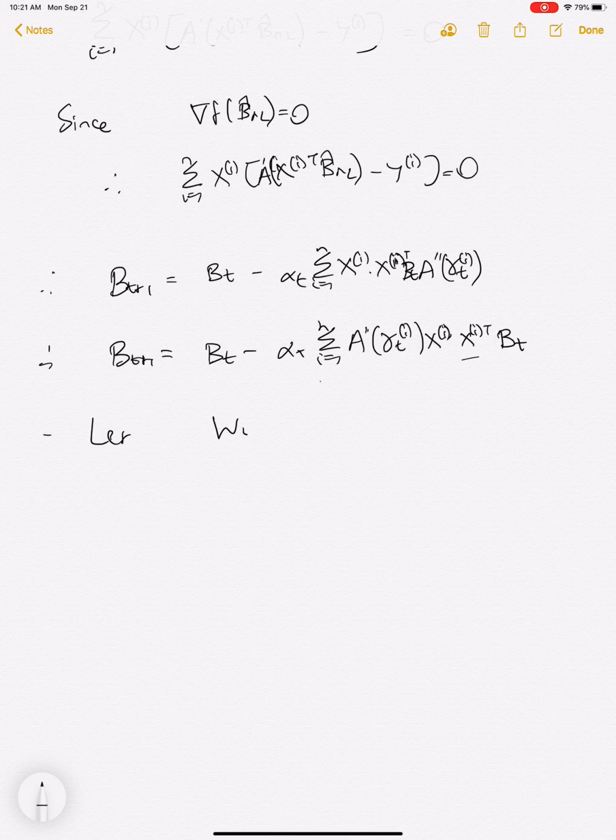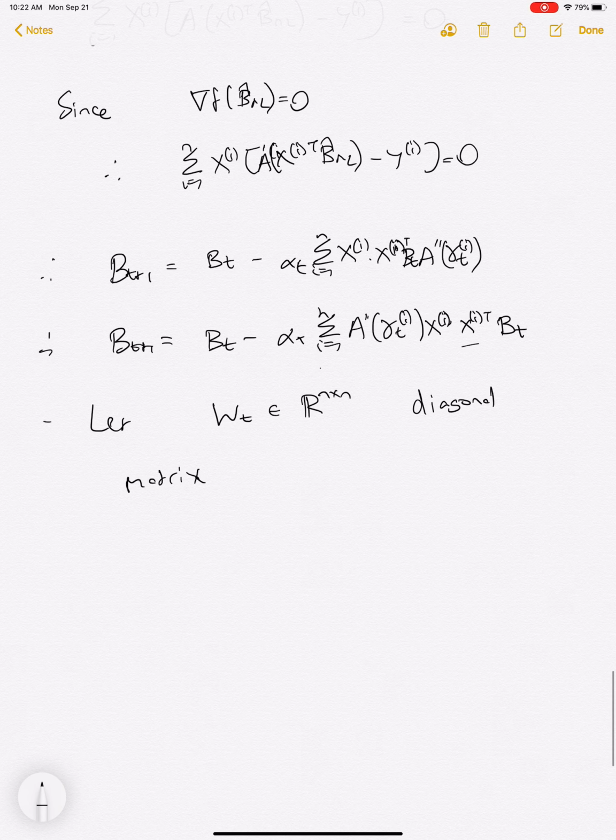So now we're going to let W t be an n by n diagonal matrix. This is something that might look a little bit familiar to you if you looked at homework 1, where you would have seen this idea of weighted least squares, and this is going to be a theme that we're going to see today, where we see weighted least squares, but the weights are going to be different every iteration.